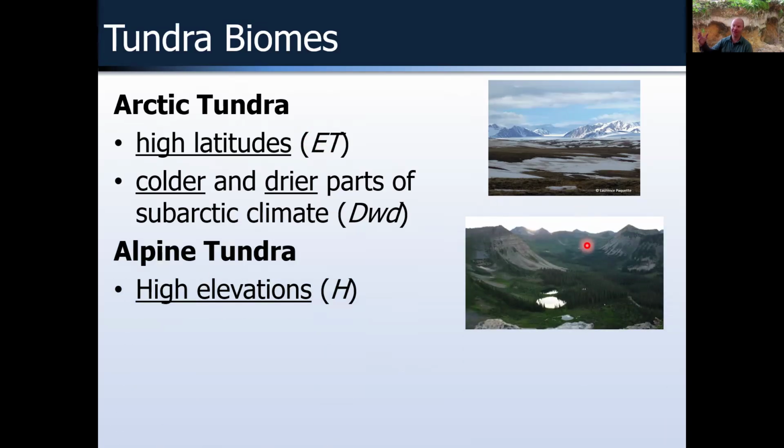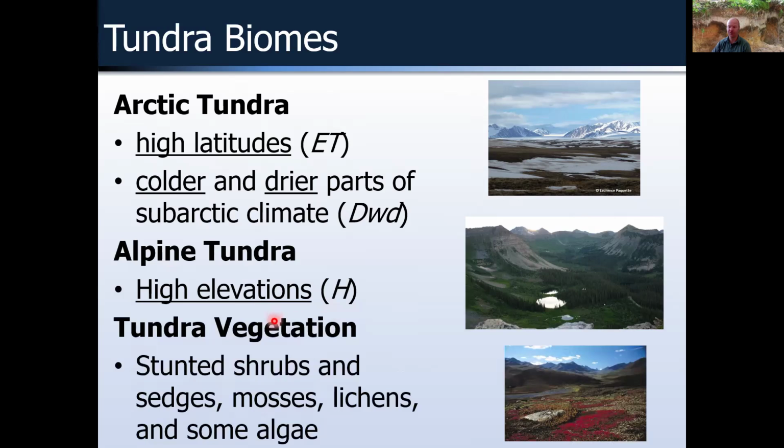And our highland climates then superseding, you can have high elevation tundra biomes. They actually have very similar or literally nearly identical vegetation conditions, both at high latitudes as well as high elevations. And these vegetation communities are dominated by mosses, lichens, some algae, sedges, and stunted shrubs.